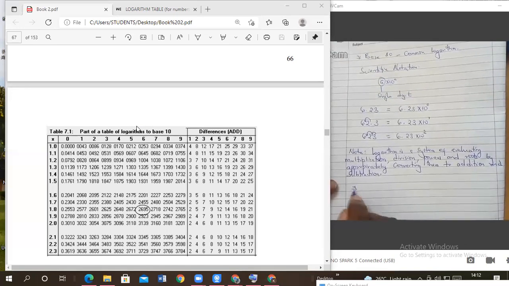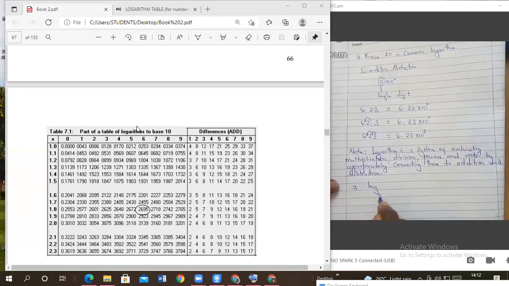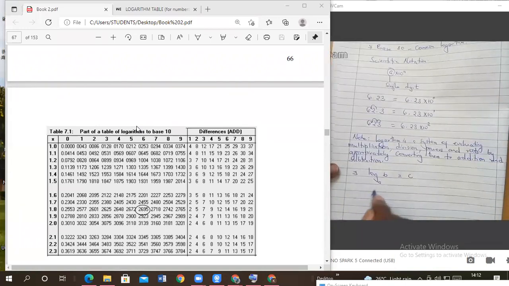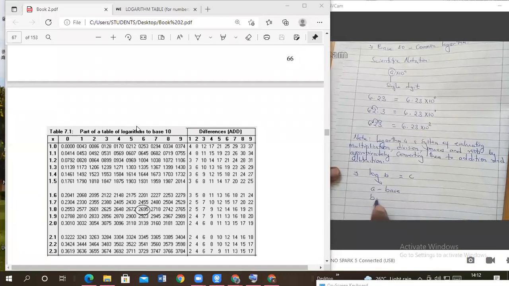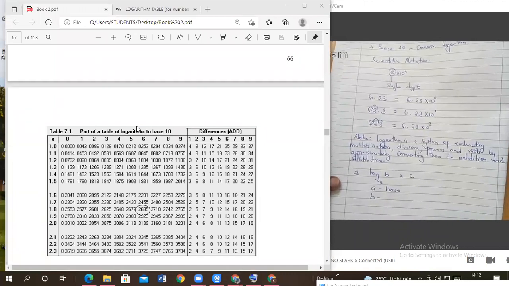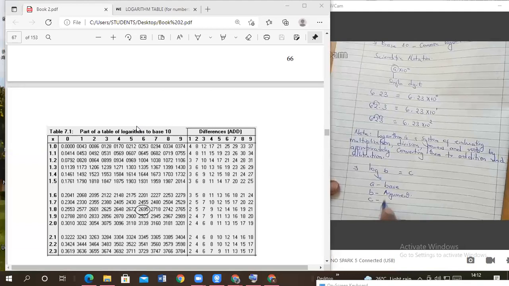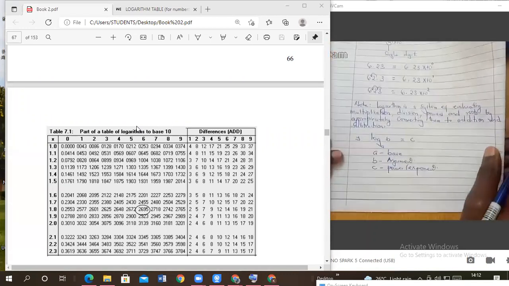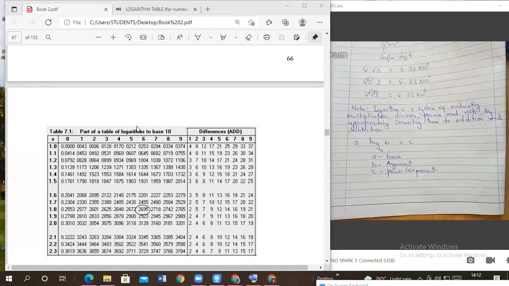If you remember, members, I said if I have log to base A of B equals C, we said A is called what? Base. Then B is called argument. Then C is called what? Power, or exponent.